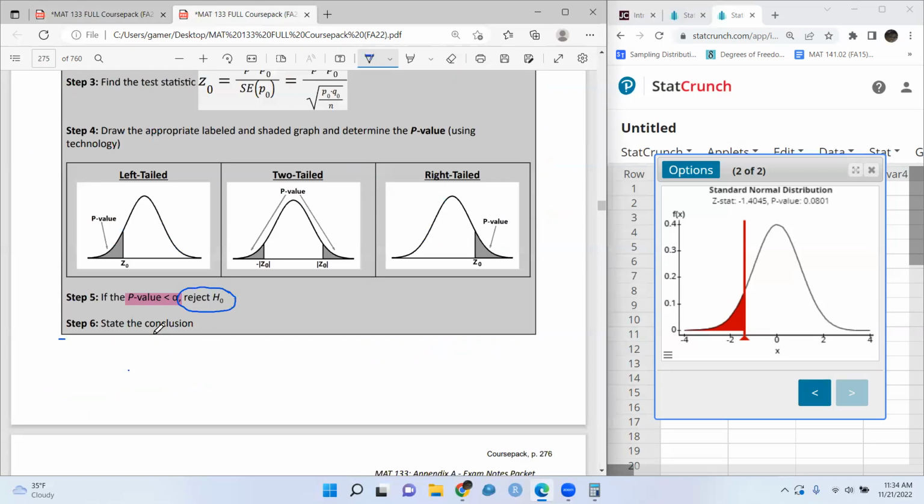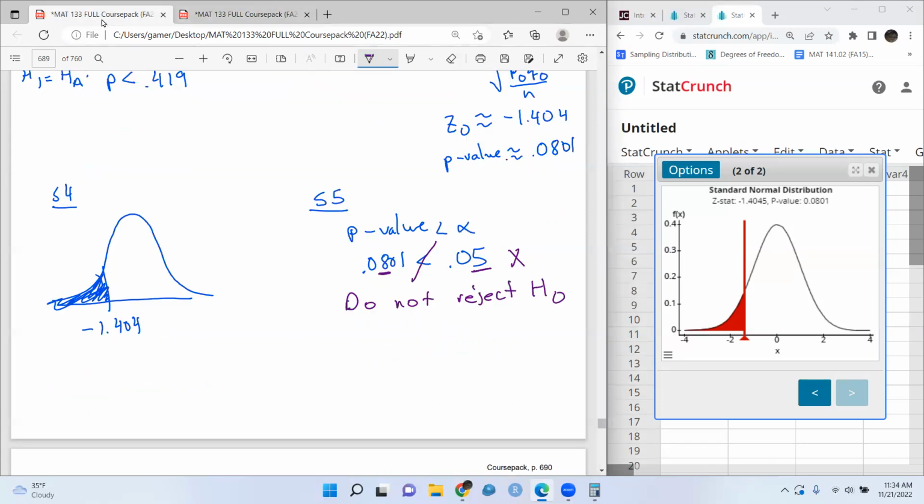All right, does anyone have the sentence for the conclusion for step 6? So we say there's not enough evidence to support the claim that the prevalence rate of obesity is 41.9%.